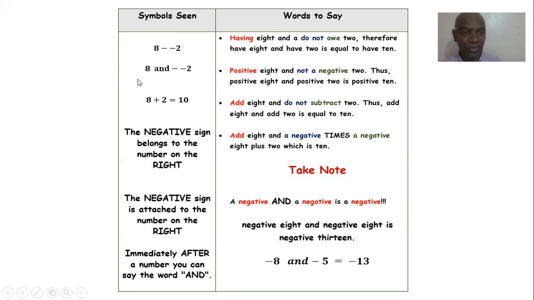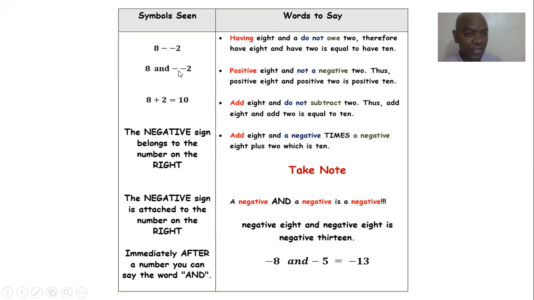You can also say positive 8, because there's an invisible positive 8, and not a negative 2. This is not a negative 2 because a negative sign normally opposes. All right, a negative sign is like opposing what is actually happening. So this first negative sign is opposing that negative sign. So it's like do not subtract 2. So then if you do not have to subtract 2, then you have to add.